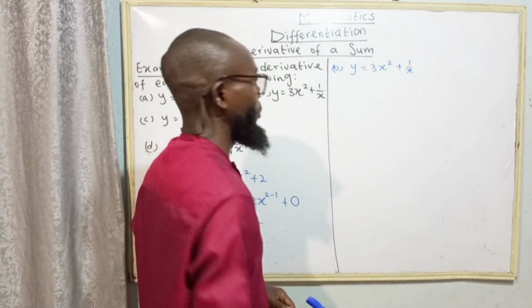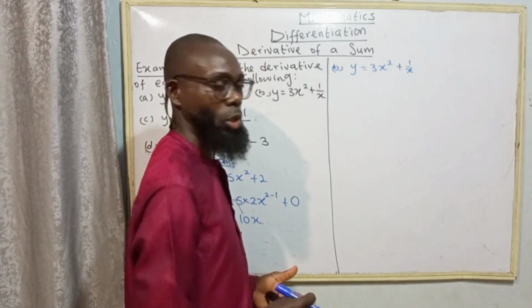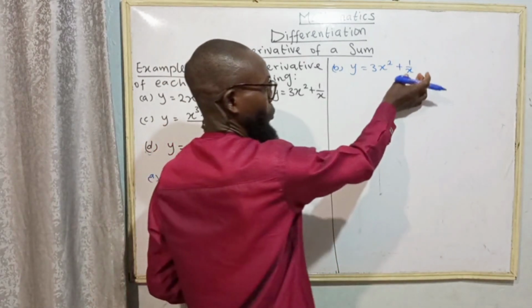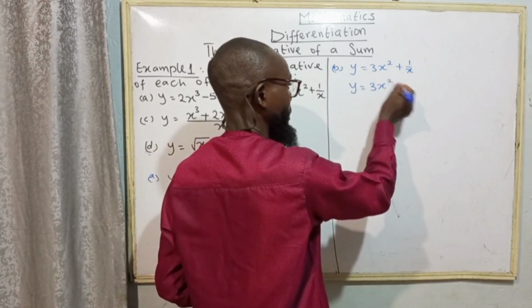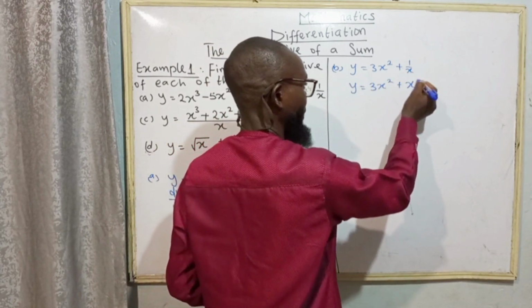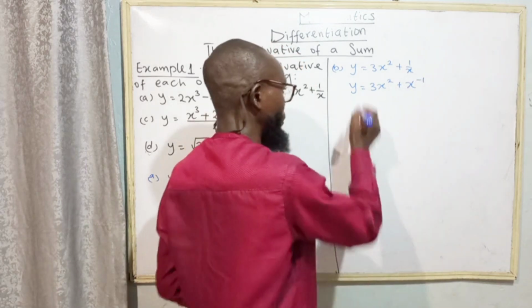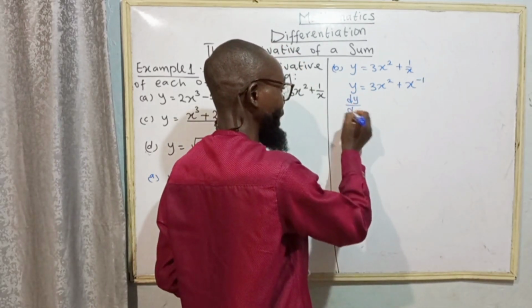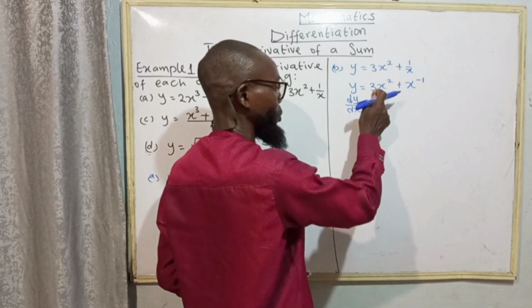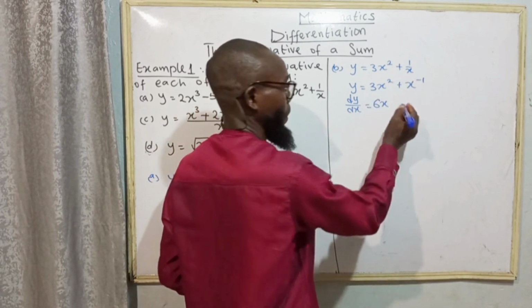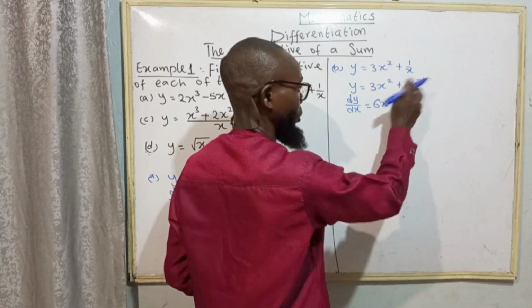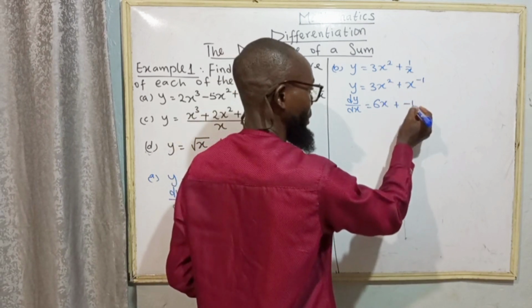Question B, y equals 3x squared plus 1 over x. We have to redefine this. y equals 3x squared plus x to the power minus 1. So when we differentiate, dy/dx will give us 3 times 2, we have 6x, 2 minus 1, we have 1. Plus minus 1, we multiply the coefficient here, we have minus 1.